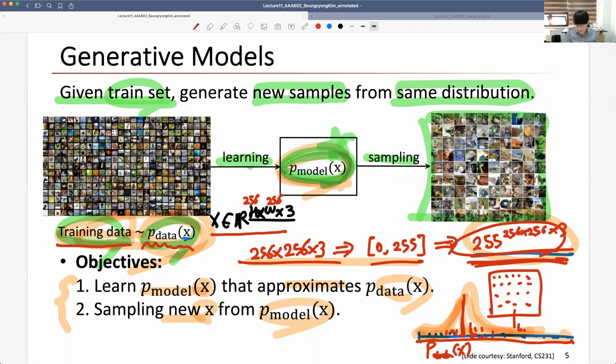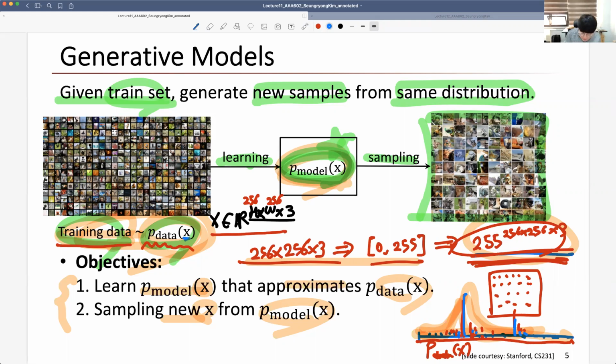As you can see here, our real data probability looks like this or this one. So the question is, how can we approximate and estimate such a real data distribution? Of course, it's impossible to exactly estimate the real data distribution, right? Because we don't know all the cases, but we have to approximate it. How can you do that? This is the question of the generative model.